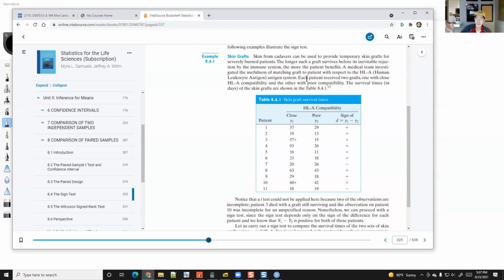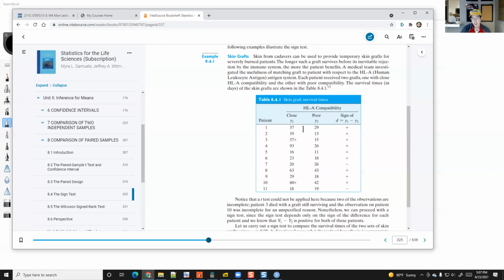I guess the people who participated in our study received 2 grafts, one with good, close HLA compatibility, and another skin graft with poor compatibility. I'm sure they had to get consent from the patients, asking, we're going to do some skin grafts, are you willing to let us try out this experiment with one of good compatibility and one of poor compatibility?